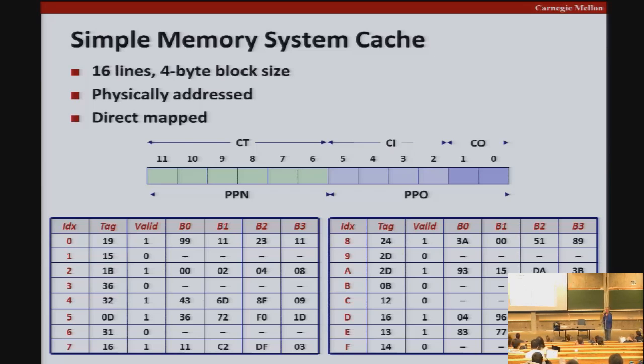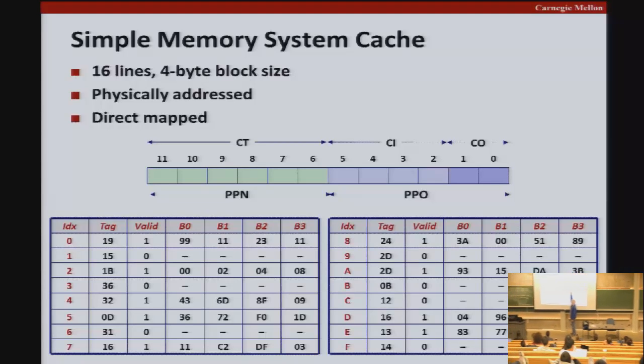Now, on to the physical side of the system. Okay? So we have the physical page offset, that's 6 bits, just like the virtual page offset. We have a 12-bit physical address, so the physical page number is going to also be 6 bits long. This 12-bit address is broken up into 3 fields. 2 bits for the cache offset, because I'm going to assume a 4-byte block size.